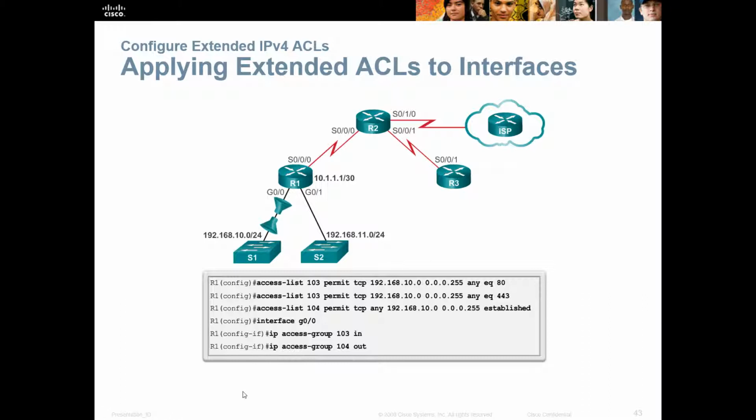So how do we set up our ACLs? Again, pretty similar. Access-list, the number, permit, the protocol, source wildcard, destination, and the equivalent ports. And we can have access lists going in and out on our interfaces.